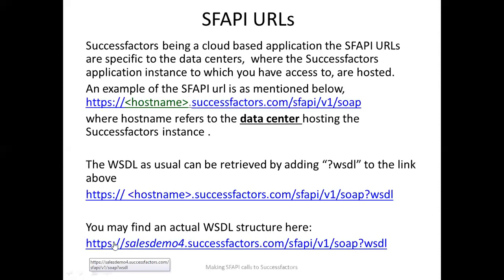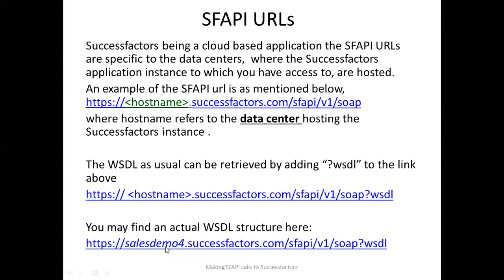So if we see https://salesdemo4, this is an actual data center host name, and the URL salesdemo4.successfactors.com/SFAPI/v1/soap?wsdl will in fact give us the actual WSDL of the salesdemo4 data center. But this is just an example, and we will be seeing how to know the actual data center URL of the SuccessFactors instance from which you want to extract the data.